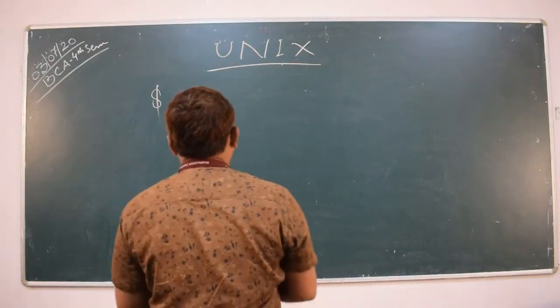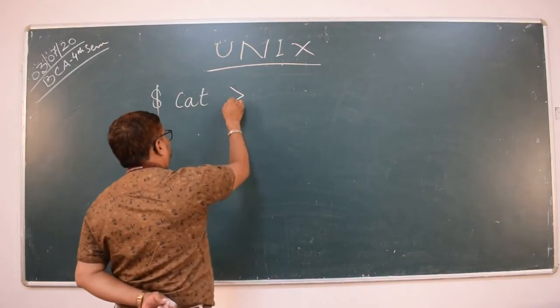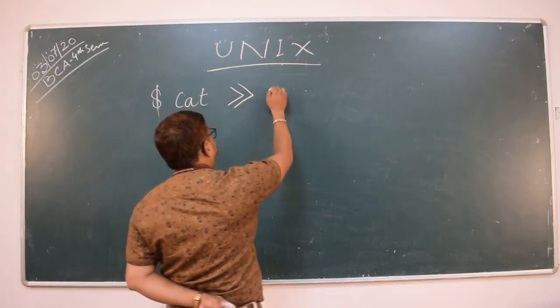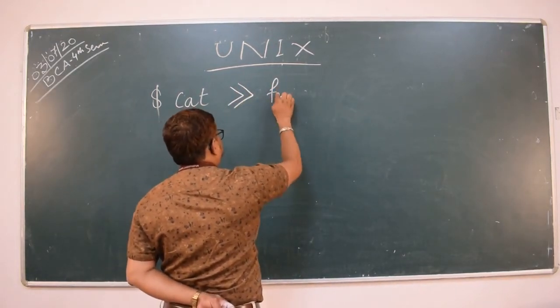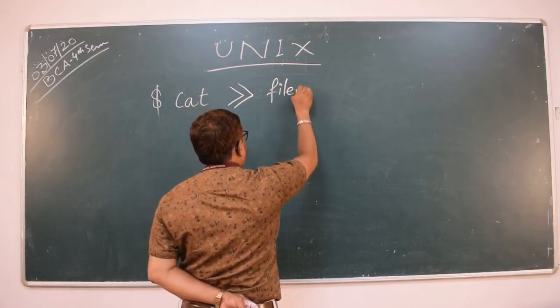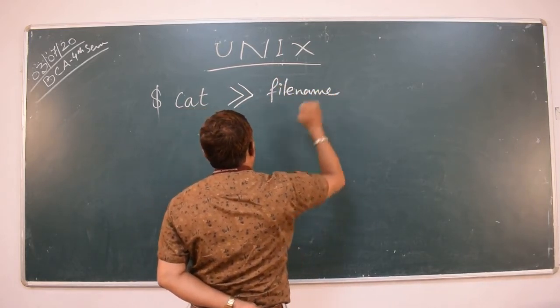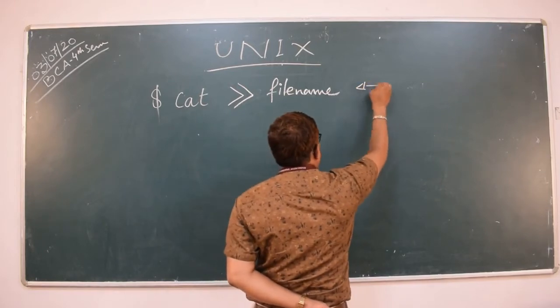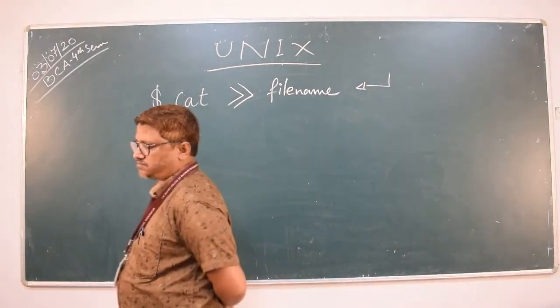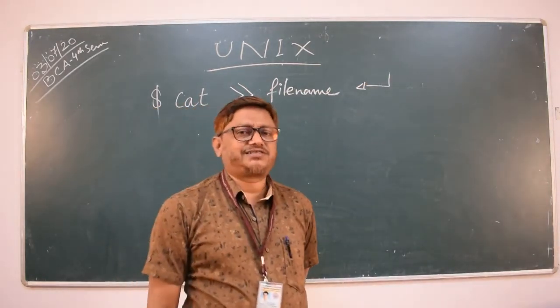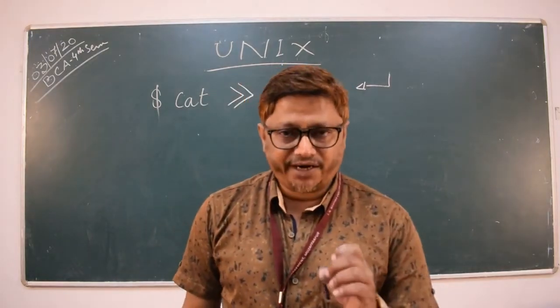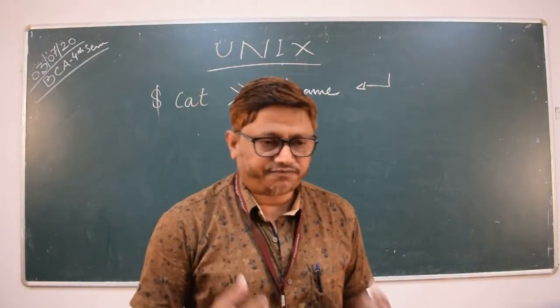Now use the double greater than symbol and then the existing file name, and then press the enter button. The double greater than symbol is used to append to a file.